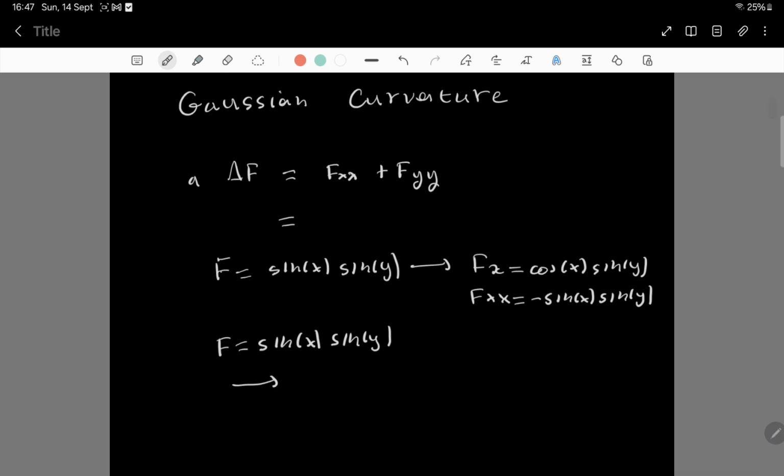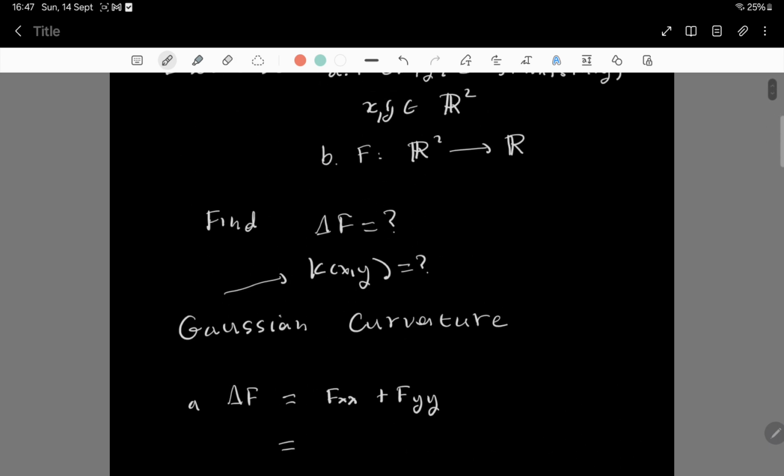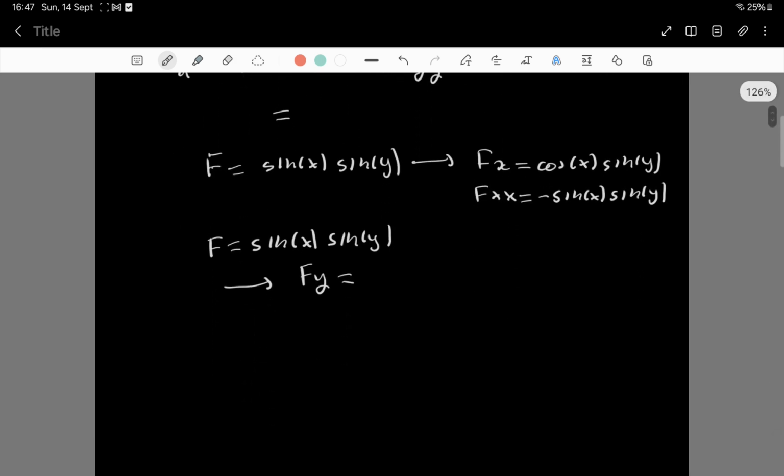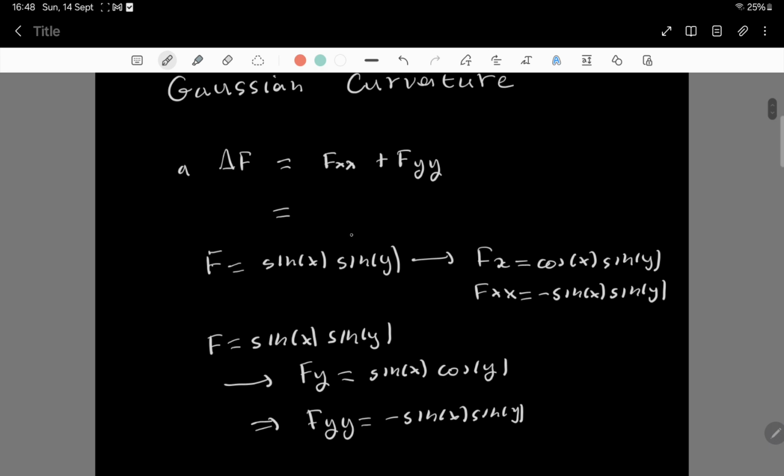I take the partial derivative with respect to y, and I get sin x cos y, and then I get the second derivative with respect to y and I get minus sin x sin y. Now let's go back here.